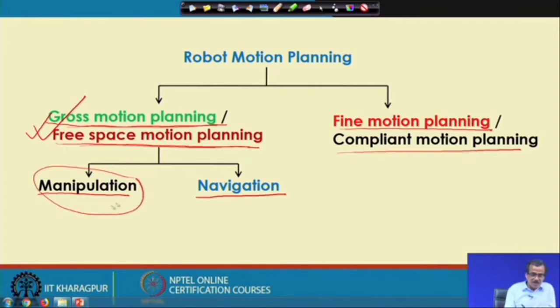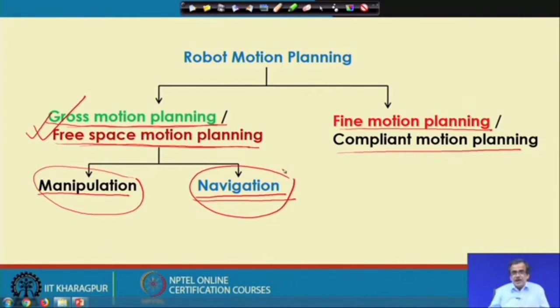Okay. And the moment the moving robot or the mobile robot is working, that is nothing but the navigation task.